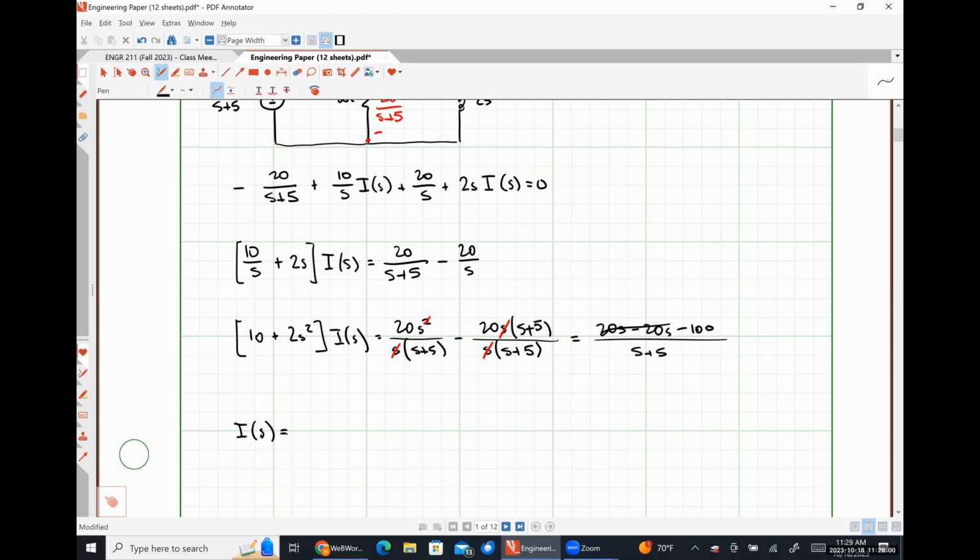I of S would then be negative 100 over S plus 5 divided by 10 plus 2S squared, which is going to look like negative 100 divided by S plus 5 times 2S squared plus 10, or negative 50 over S plus 5 times S squared plus 5.